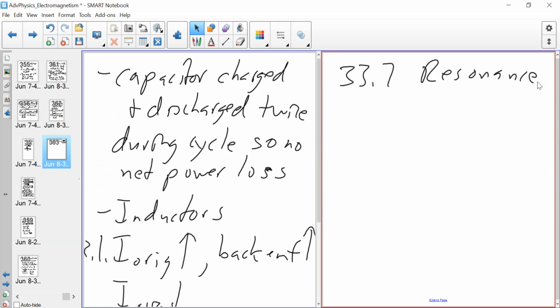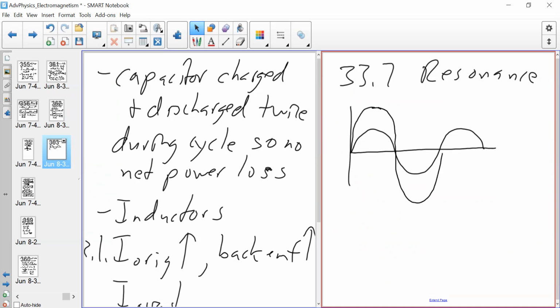So we saw in the very beginning of this chapter, in a purely resistive circuit, or resistors in an AC circuit, where we had voltage doing this, and then we had current doing this here. That's what it looks like to be in phase.